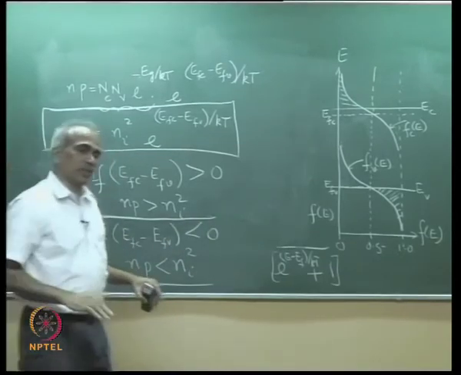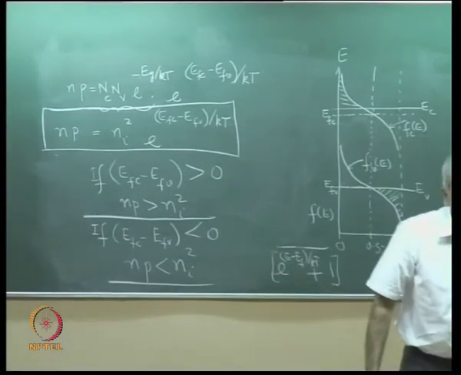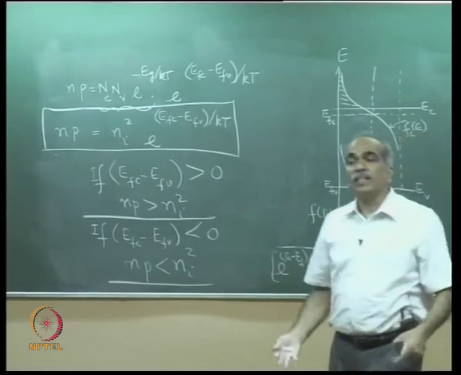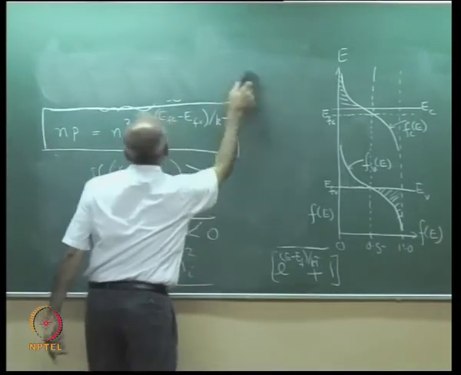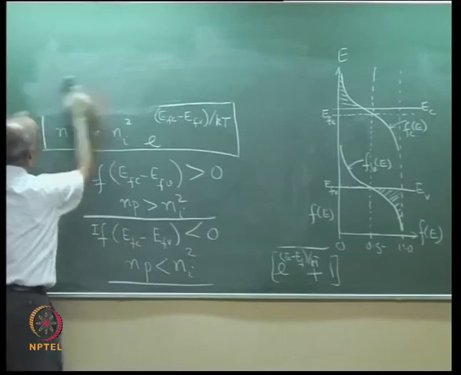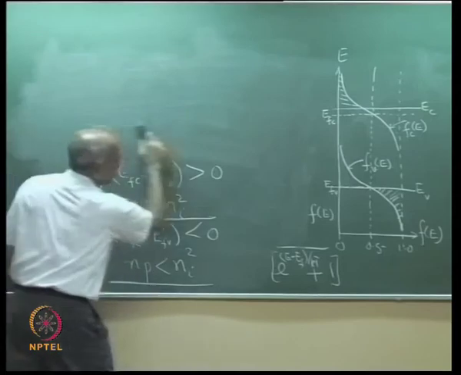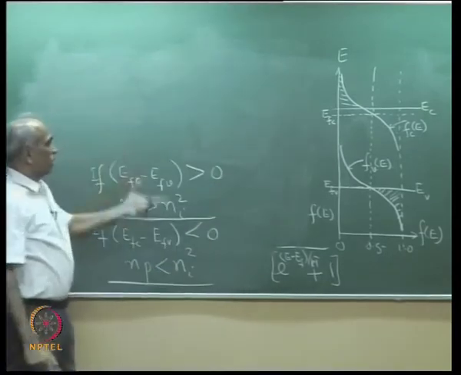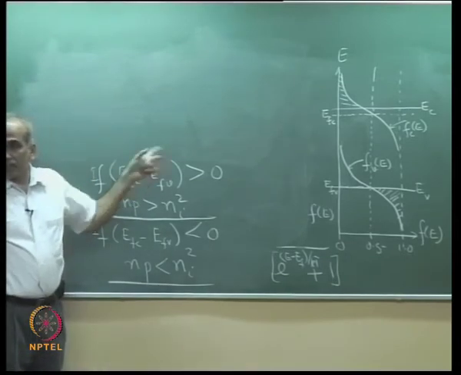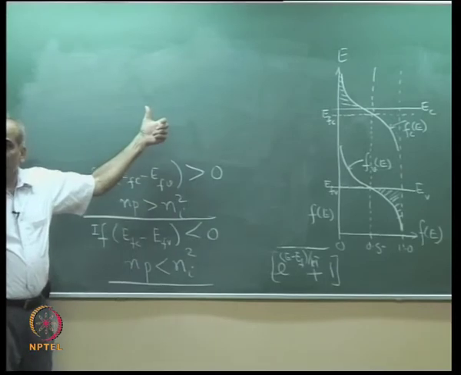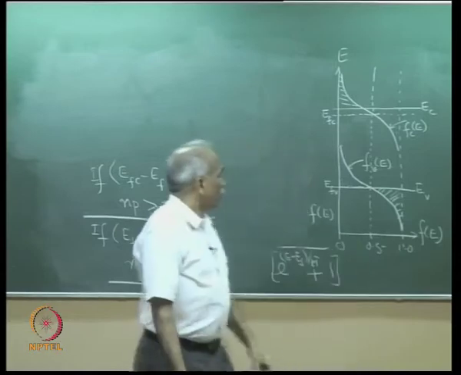Under Boltzmann approximation, which means we are considering relatively lightly doped p-n material, and our quasi equilibrium is quite mild. So in quasi equilibrium, the law of mass action is not NP equal to Ni square, but N into P equal to Ni square into e to the power of EFC minus EFV by kT.